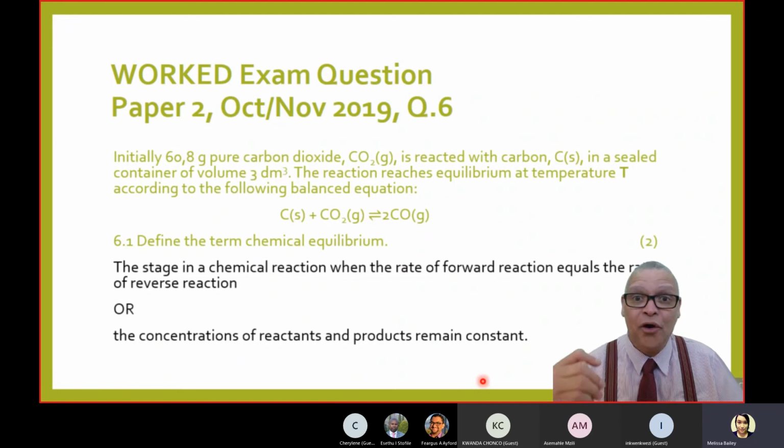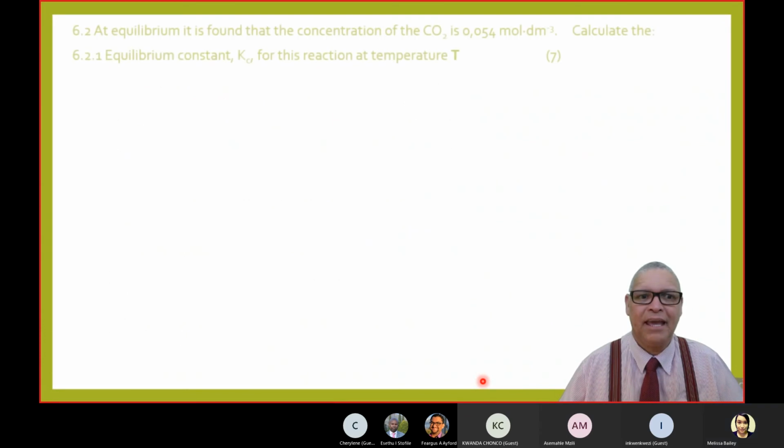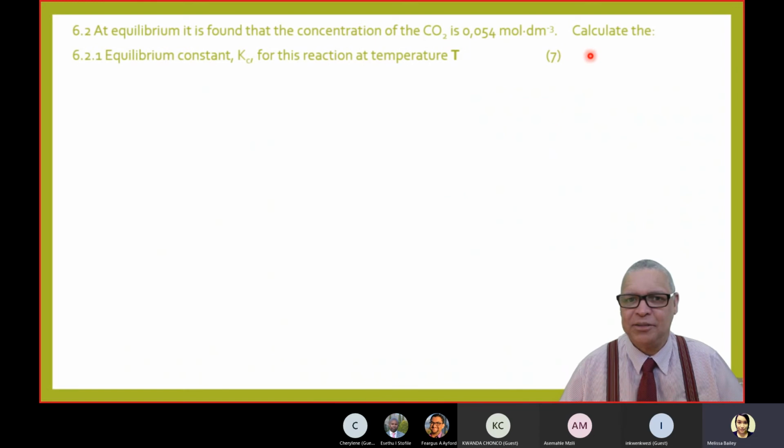So therefore, when you go into the exam on that Monday, when you write paper 2, make sure you know the definition of dynamic chemical equilibrium. The next question, 6.2: at equilibrium, it is found that the concentration of CO2 is 0,054 mole per cubic decimeter.